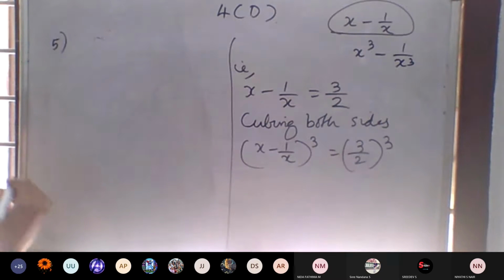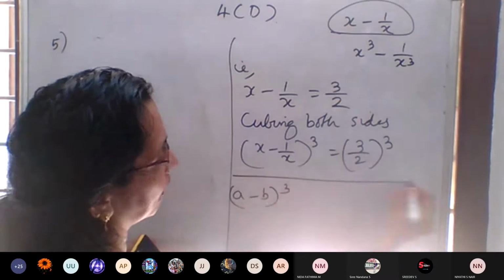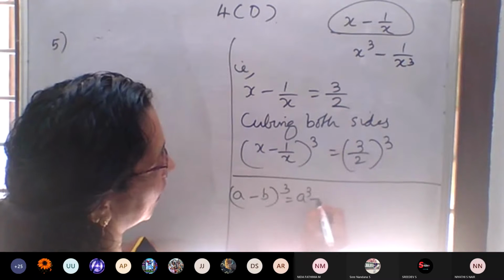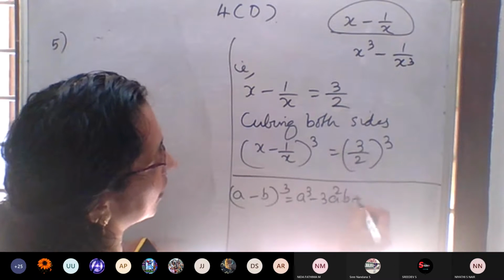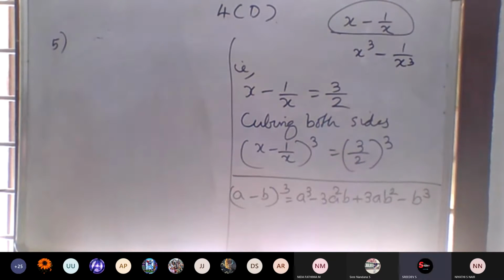This is in the form of a minus b the whole cube, is equal to a cube minus 3a square b plus 3ab square minus b cube. So same, a stands for x, b stands for 1 by x.